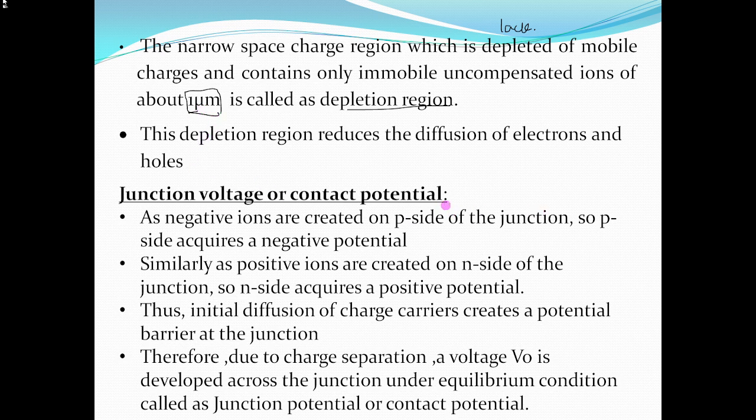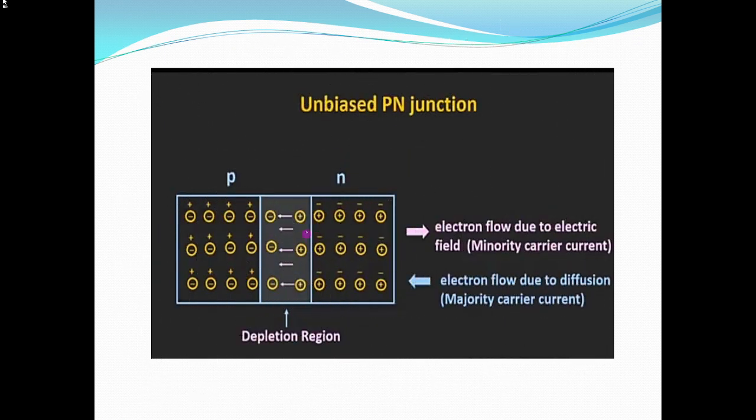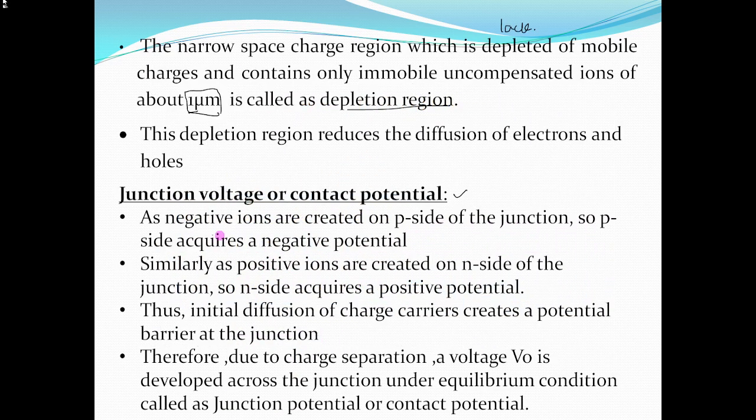Next, junction voltage or contact potential. Now see here, positive charges are accommodated on the N side and negative charges are accommodated on the P side at the junction. So positive charge is concentrated at one place and negative charge at another place, meaning there is a concentration gradient. This we call a potential difference.